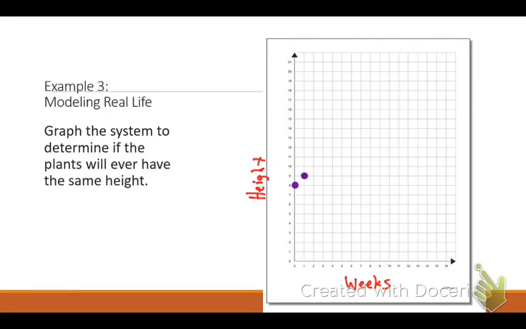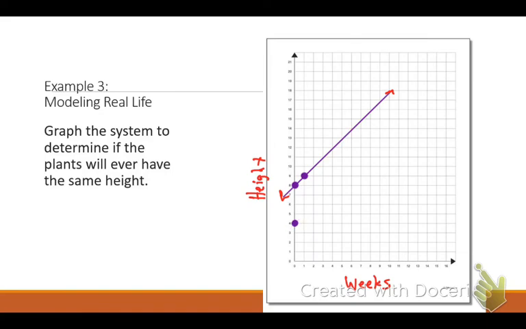Now I'm going to draw my straight line as straight as I can through the points. Not straight enough. Third time's a charm. Close enough. Draw the line pretty long because you don't know where it's going to cross. Now I'm going to do my second equation for plant B. What was my starting height for plant B? 4.